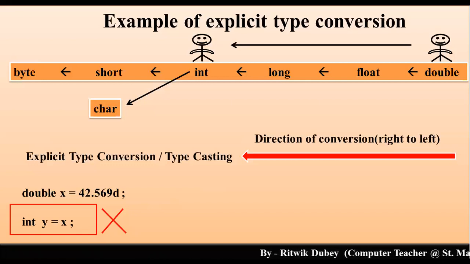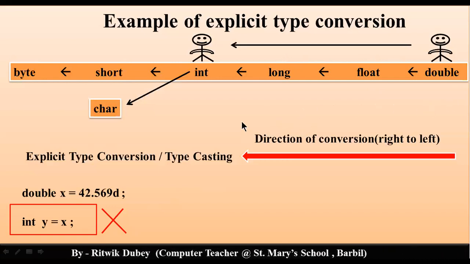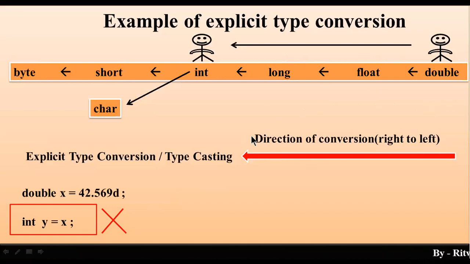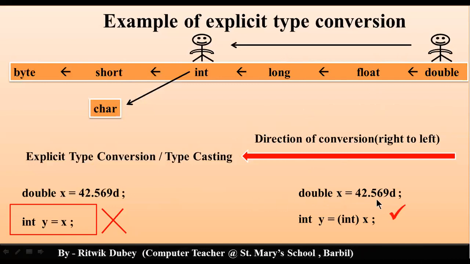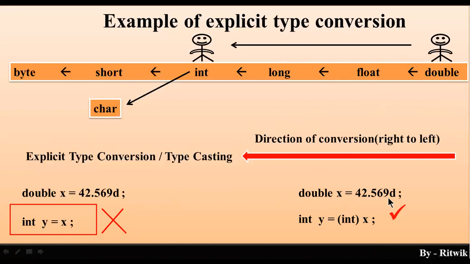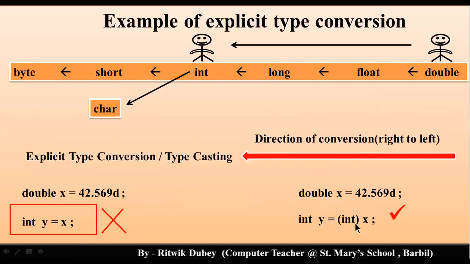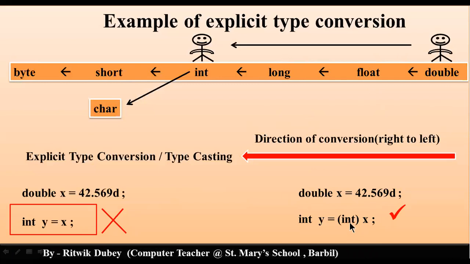Why? Because in this case the direction of conversion is from right to left, and in such a case the programmer has to do typecasting. Now, how to do it? This is the way. Double x is equal to 42.569. Just before the variable x, you need to use a round bracket, and within it write the type.